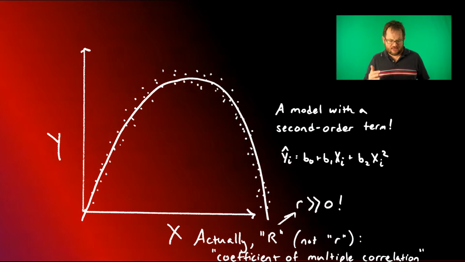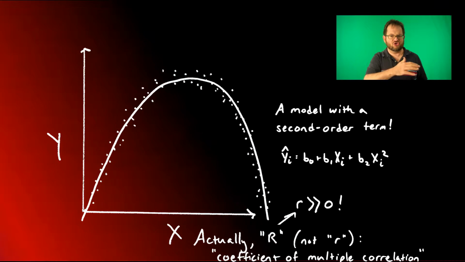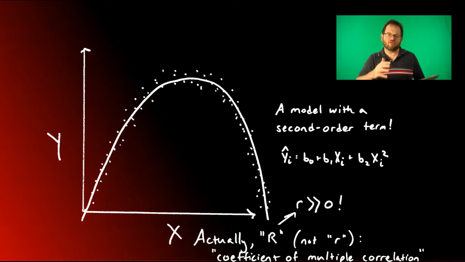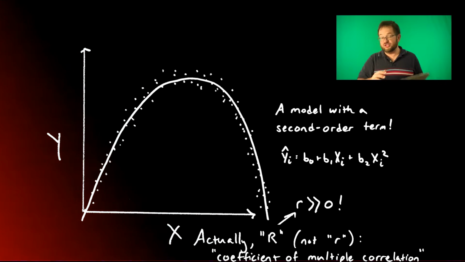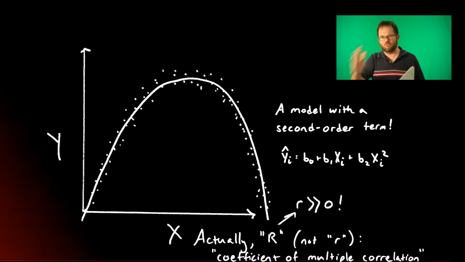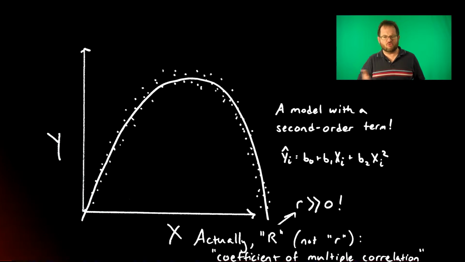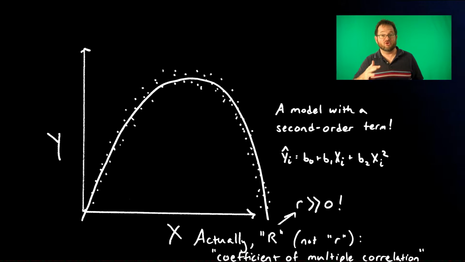It works more or less exactly like the regular correlation coefficient, except the regular correlation coefficient can go from -1 to 1. Big R, the coefficient of multiple correlation, only goes from 0 to 1. The reason has to do with the fact that there's no real sense to the sign when we're talking about multiple correlation.